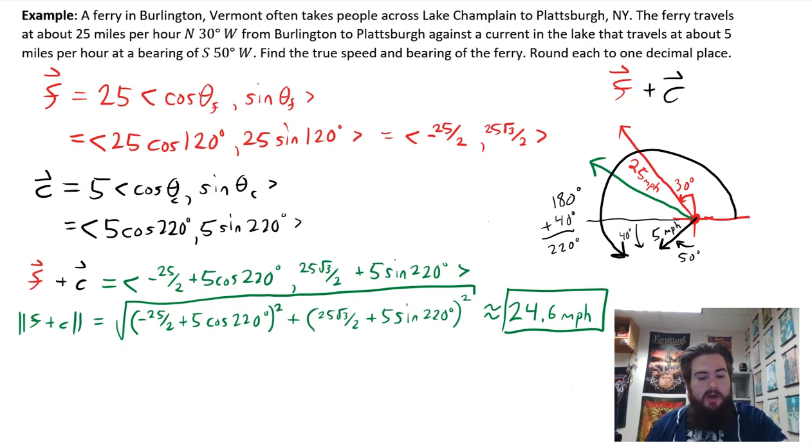Well, to find the bearing of it, we are going to first find the standard position angle measure by evaluating the direction angle for this vector. So we can evaluate the direction angle for f plus c. We can do that in a variety of ways. However, the most traditional way is to evaluate this using arctangent.